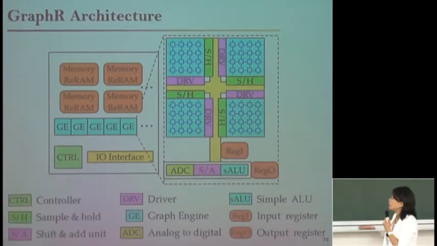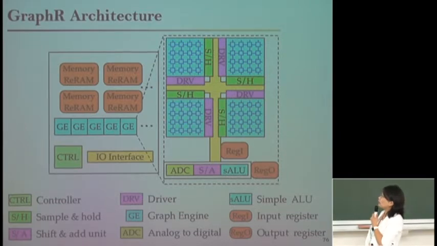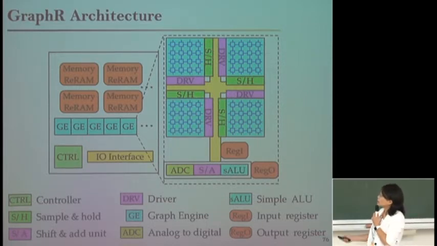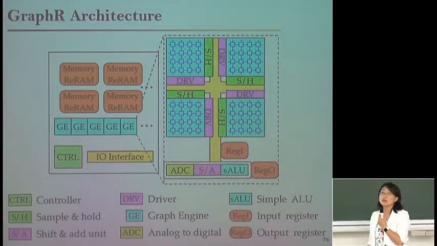Let me introduce this. This is the general GraphR architecture. In the GraphR architecture, we propose to use RM for both storage and computation. As you can see, in the general architecture we have some RM memories, used for data storage.